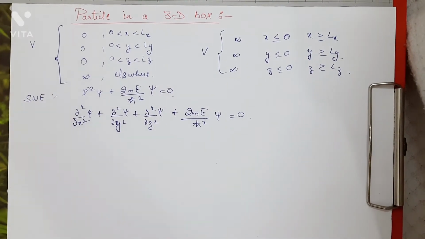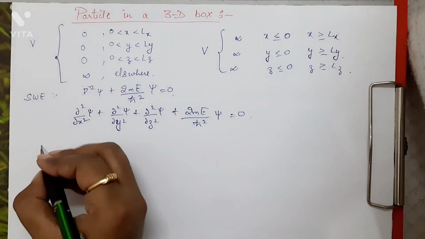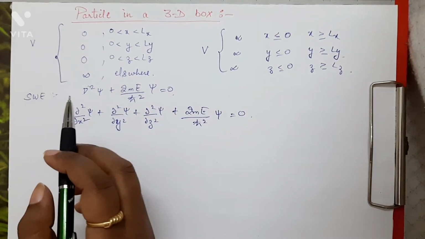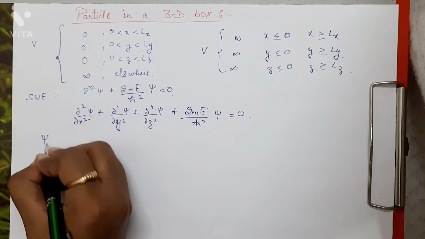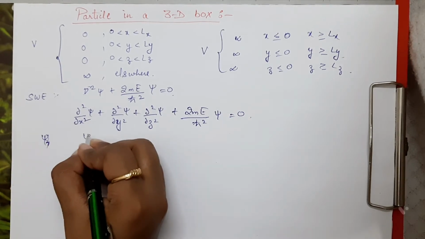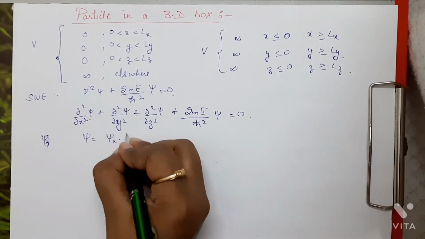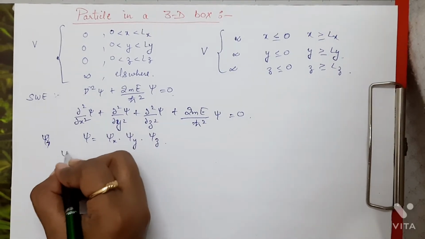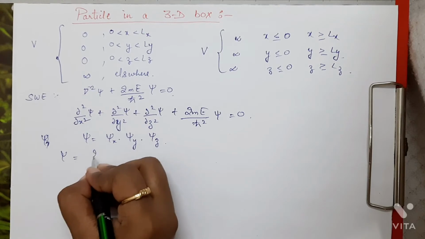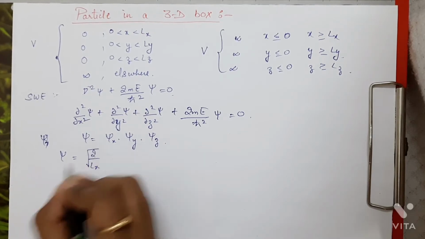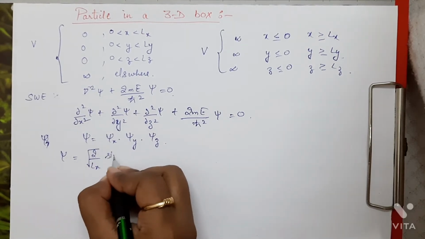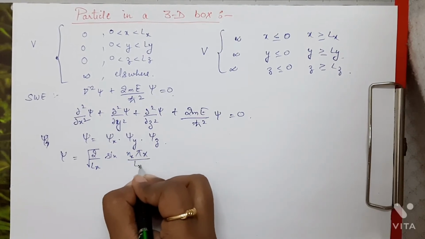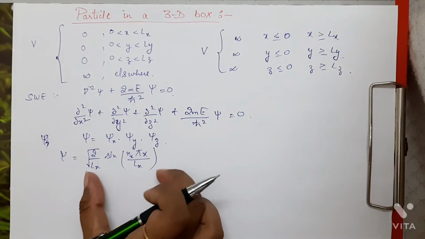Now if we talk about the wave function psi corresponding to this particle in a 3D box, we have discussed that psi is going to be equal to psi x into psi y into psi z. So overall wave function psi will be equal to root 2 by lx sine of nx pi x by lx. This is psi x.